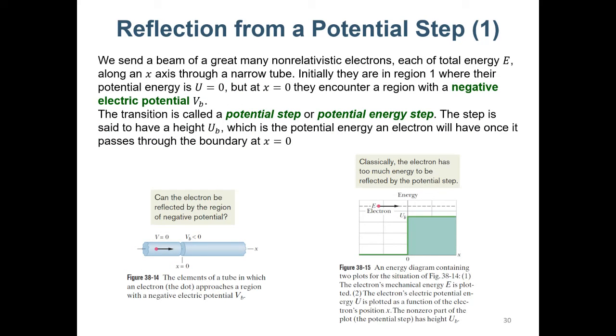So there are two interesting phenomena for the quantum world. The first one is the potential step, the reflection from the potential step. This one is very interesting. So suppose in the real world there's a bird flying.